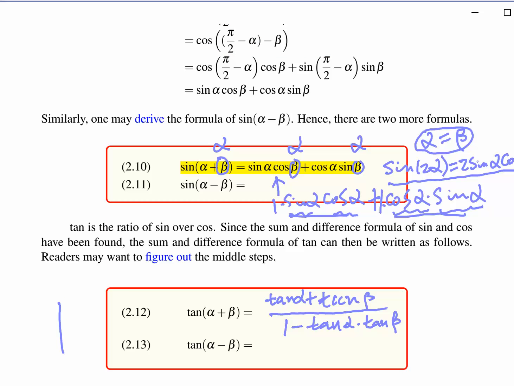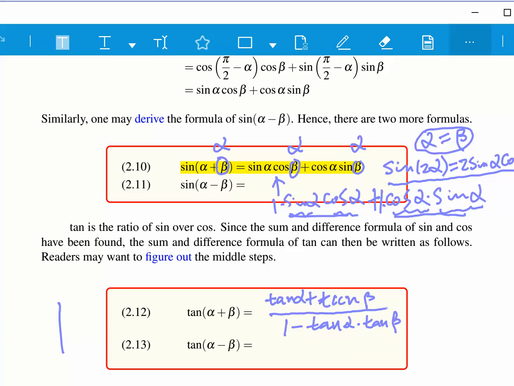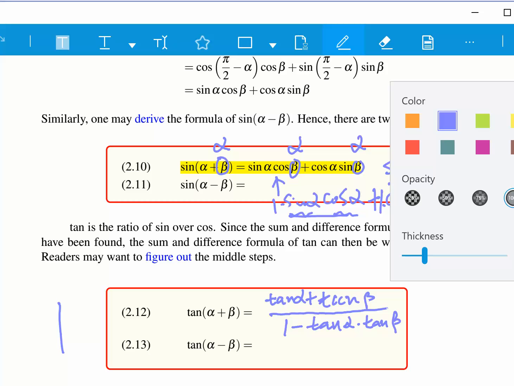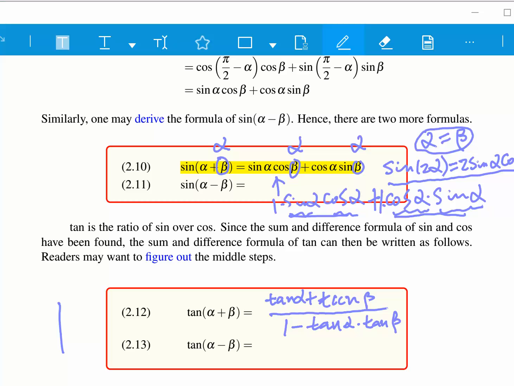Again, you replace this beta with alpha, and I'll use the red pen this time. What do we get?